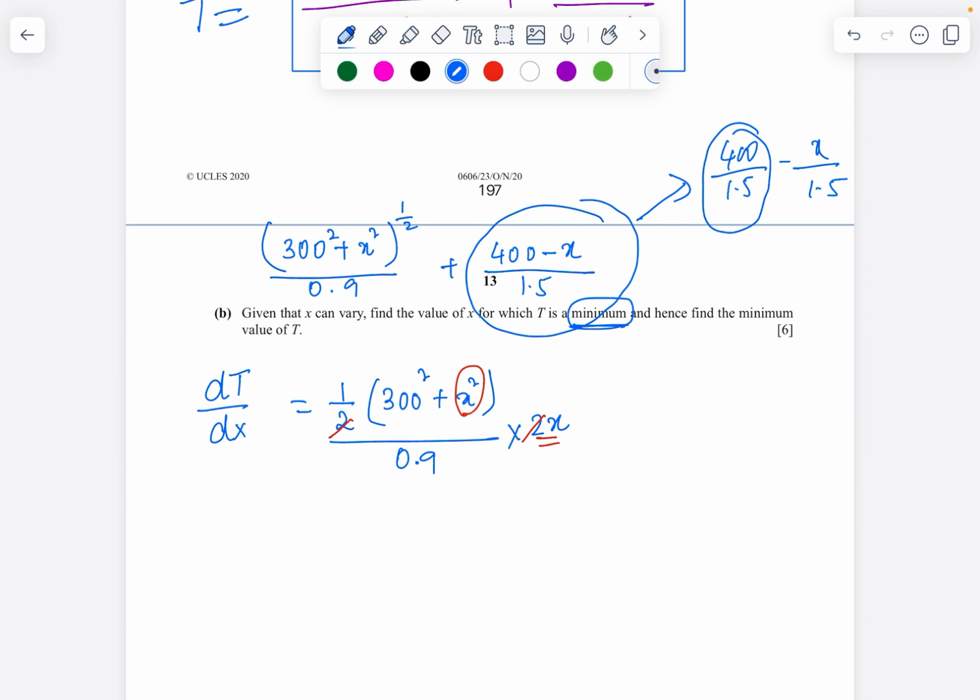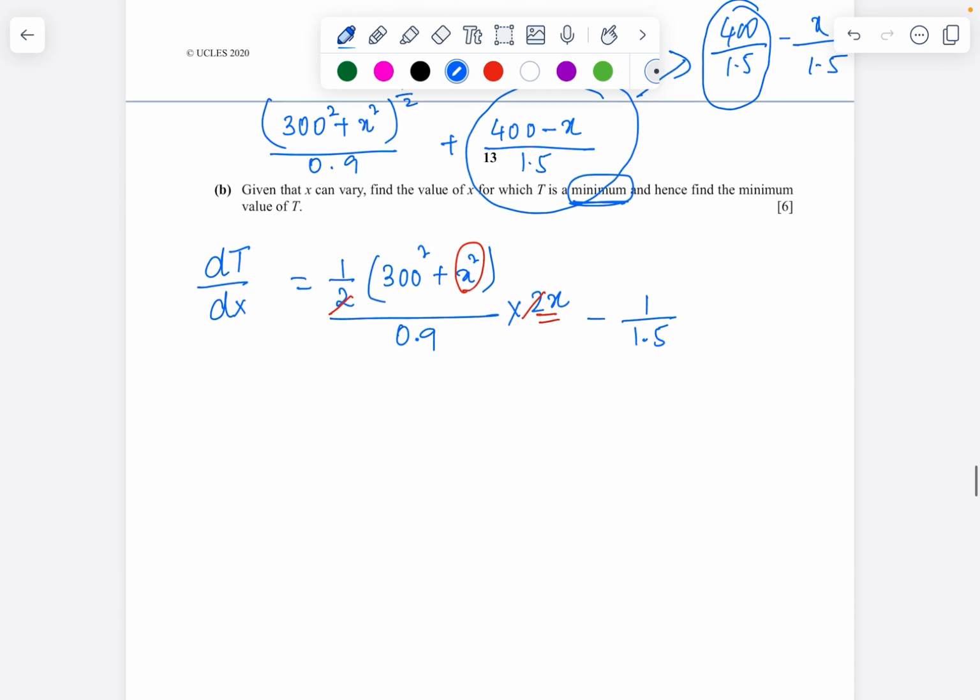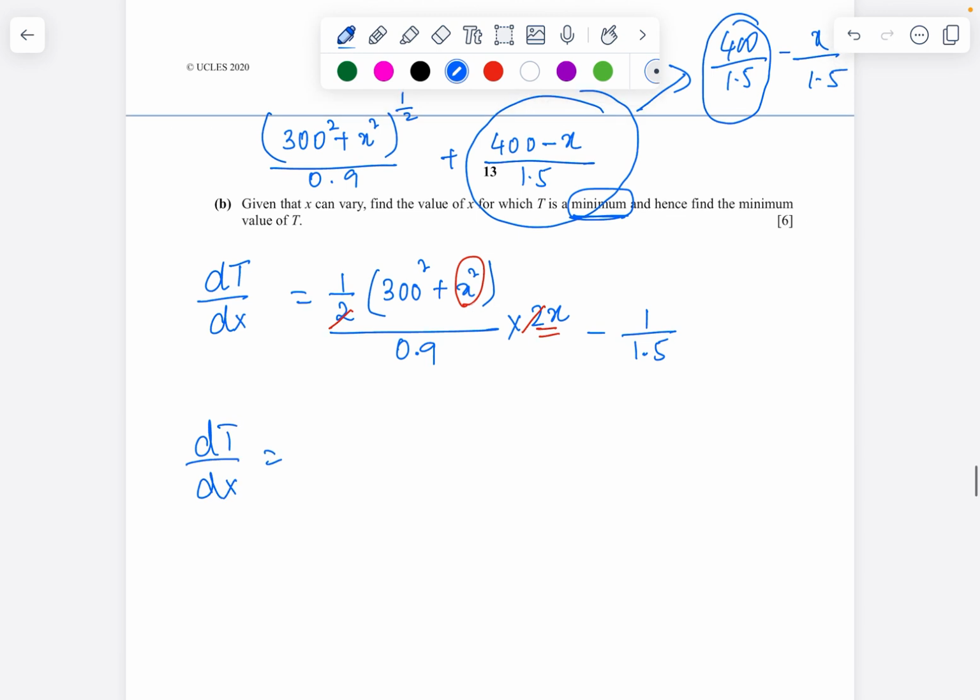So now I'm going to differentiate x. The derivative of x is just 1. So this becomes 1 over 1.5. Maybe I can simplify it down. So dt by dx is equal to x over the square root of 300 square plus x square.